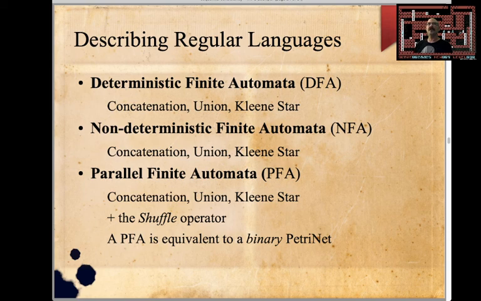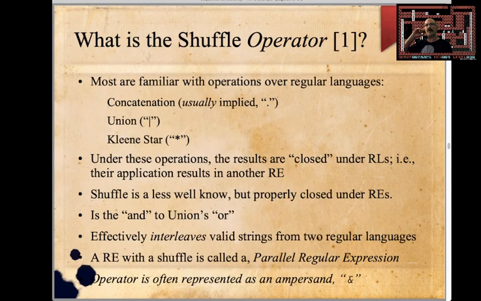It is really neat. All right, so the shuffle operator, I think I talked about this, but it's the AND to union's OR. It makes sense that there would be this missing operator that most people don't use or implement. I believe that's because maybe it's not obvious why this is useful.